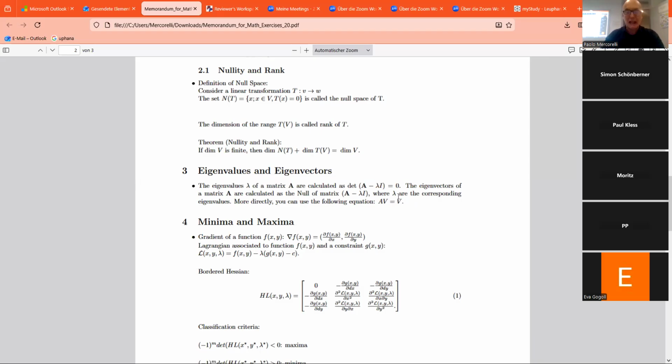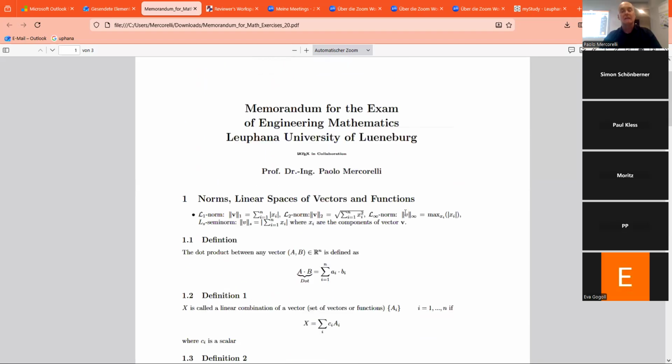Now we do the exercise. Please pay attention. Here it is more directly AV equals lambda V. I will correct it and send it tonight to Rainer, and then he will substitute it, because it could be that I generated this in LaTeX. You know LaTeX? Yes. We can see here LaTeX in collaboration.